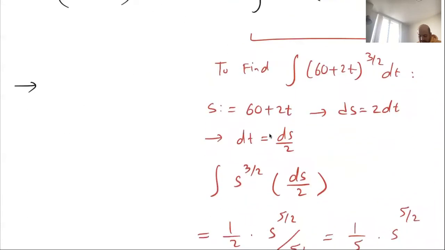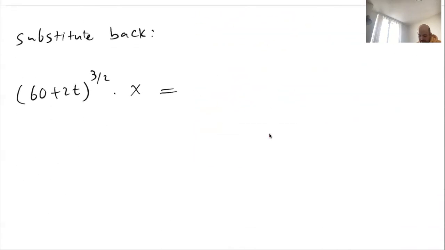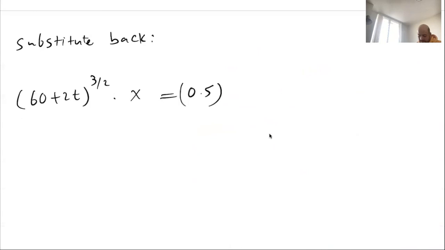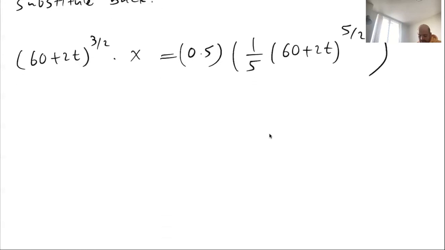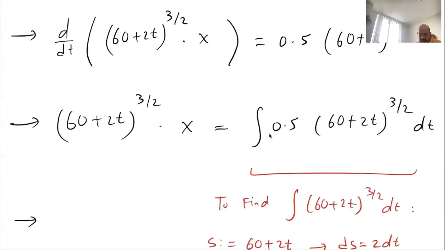Then we will have (60 + 2t)^(3/2) times x equals 0.5 times 1/5 (60 + 2t)^(5/2), which is 0.1 (60 + 2t) to the power 5/2, and then we need to add plus c as well.